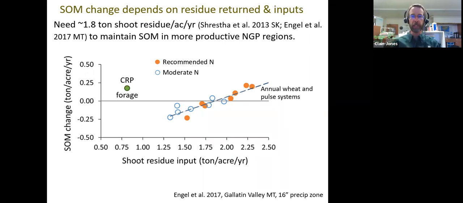So if you harvest a lot of that above ground residue, you're losing the majority of the carbon. Whereas crops like perennial grass, perennial alfalfa and sainfoin, you're leaving more of that below ground, where it's more protected. It has less of a chance of being respired and burning off as CO2.